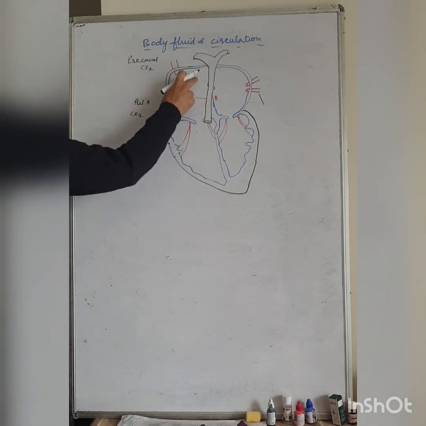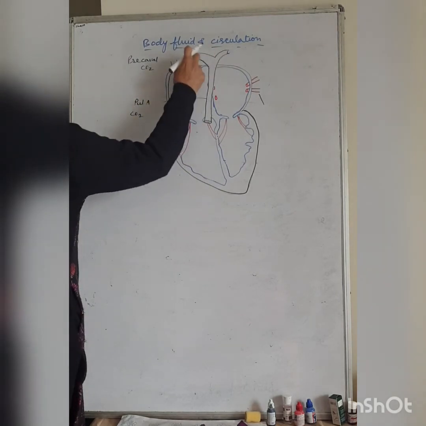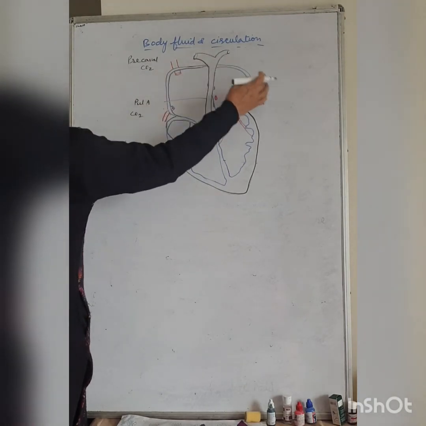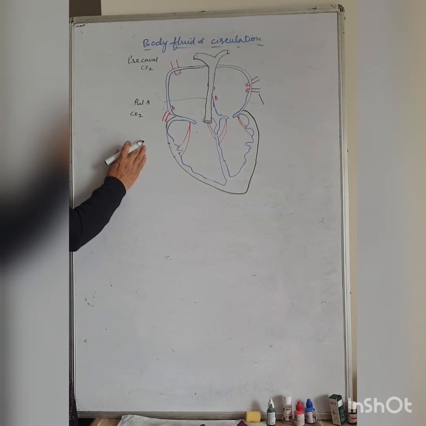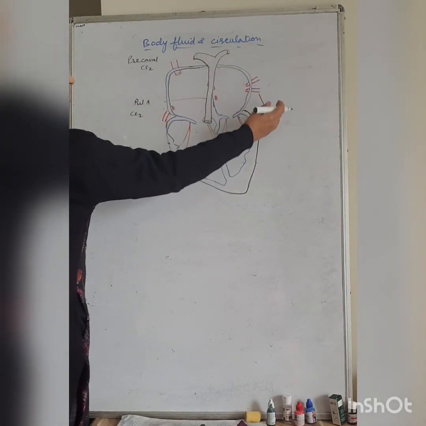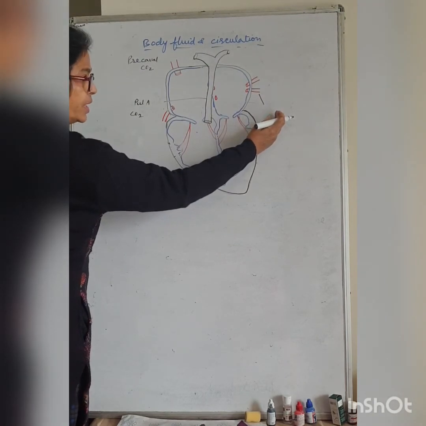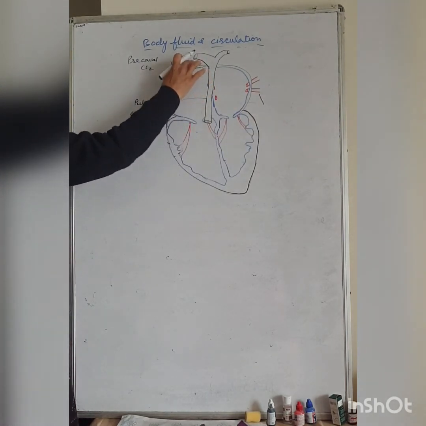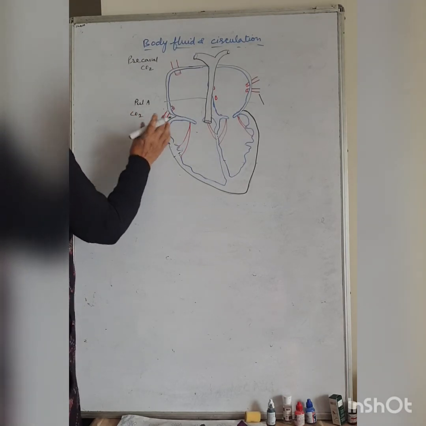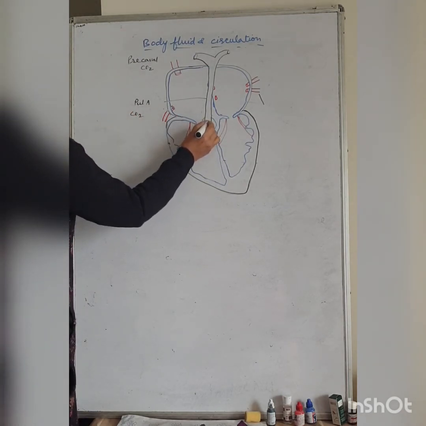Soon after it emerges from the heart, it divides into two parts that enter the respective lungs. The left pulmonary artery carries the blood into the left lung, and the right pulmonary artery carries the blood to the right lung.